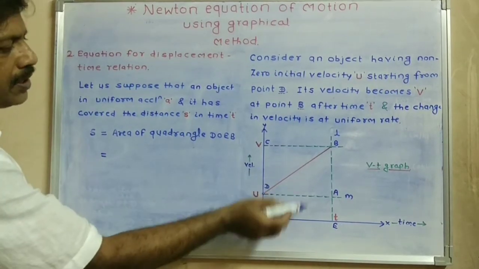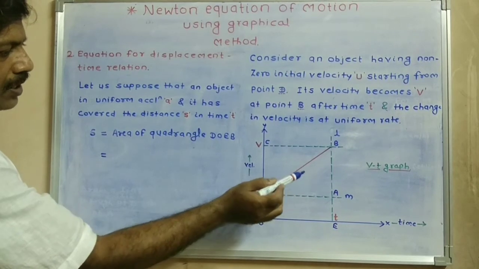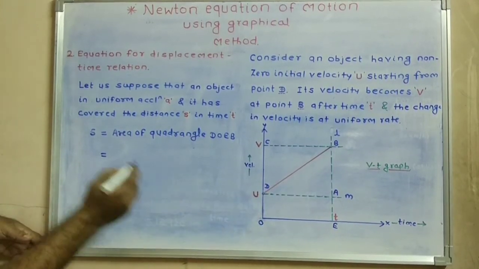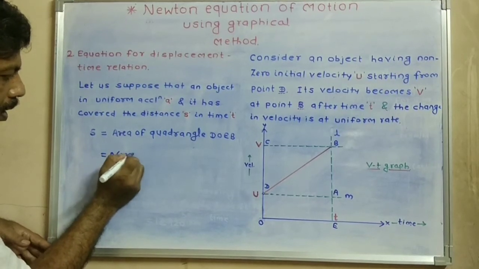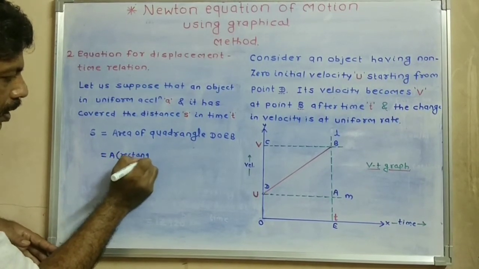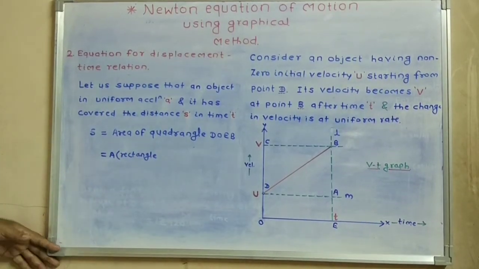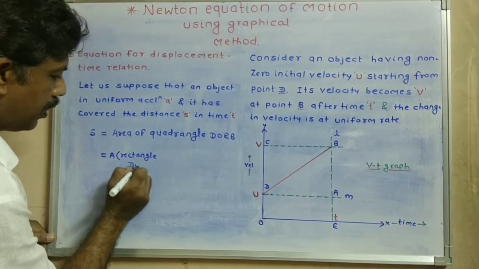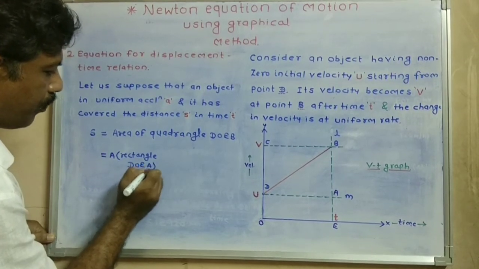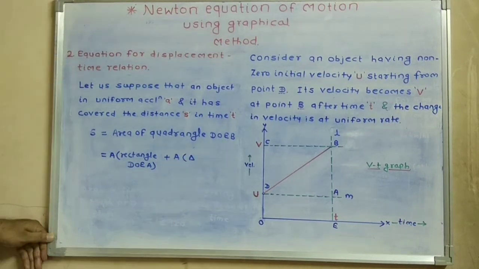Now I am dividing this area into two parts. First one is a rectangle, second one is a triangle. Therefore, the area of rectangle DOEA plus the area of triangle DAB.